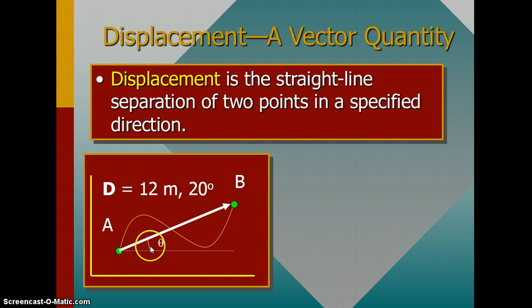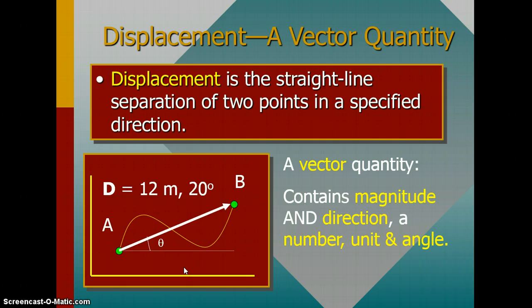It could be 10 degrees, it could be 90 degrees, etc. You can find it in all of the angles along your circle, but vectors are always defined by a magnitude and a direction.